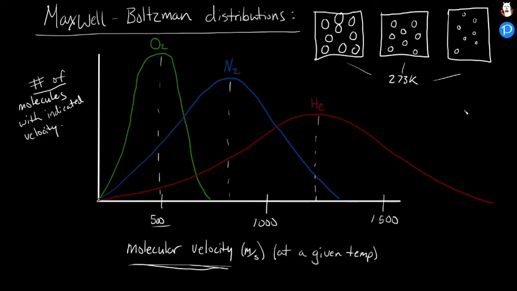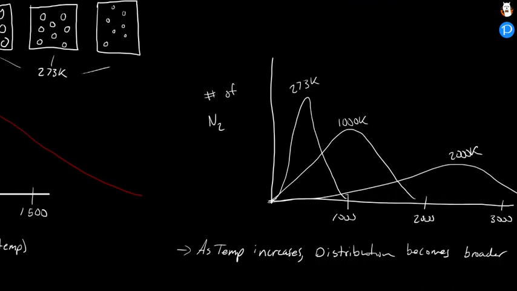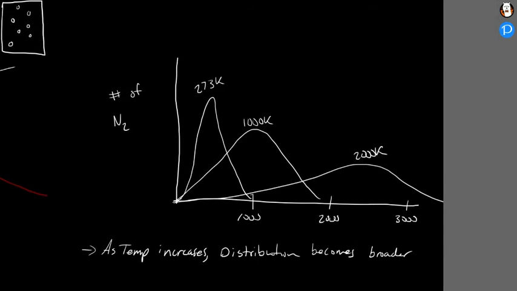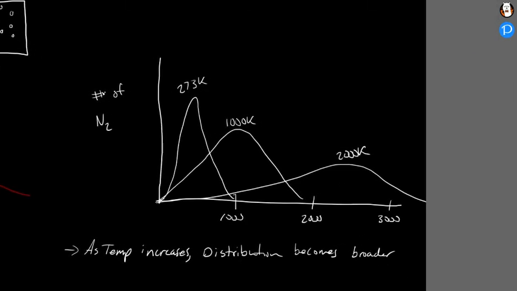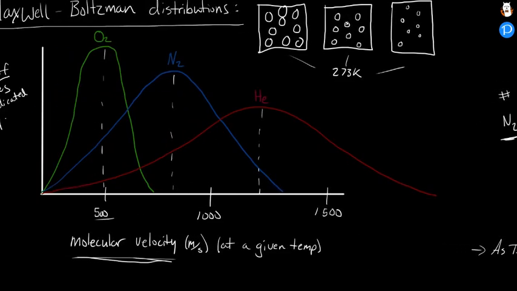And if we take, for example, just nitrogen, let's come over here to this graph. If we look at the number of molecules in this container, we have to remind ourselves that not all of those molecules have that specific speed, right?